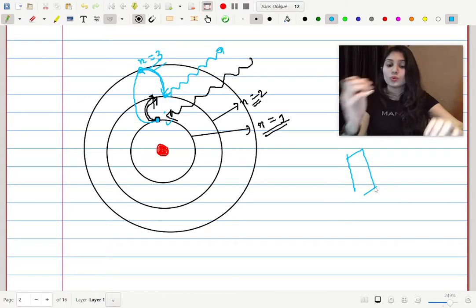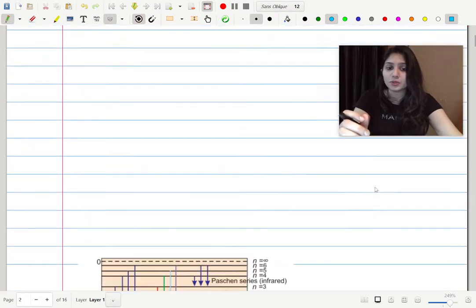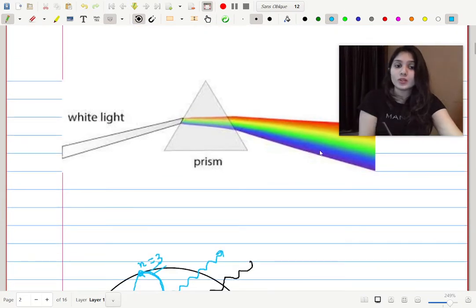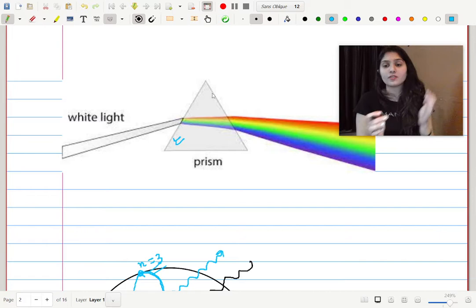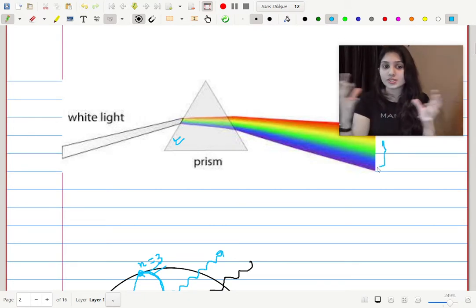So when you see white light passed through a prism like this, of course, I think everybody knows white is not exactly a color. White is just an amalgamation of all the different colors, and if we split it, we are going to see a pattern like this, of the different colors which exist in white light.